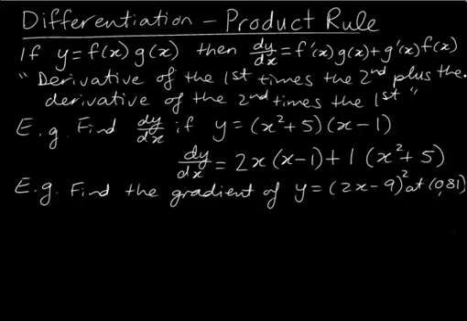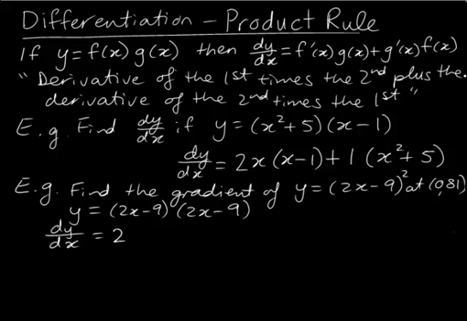Okay? So first of all, notice that I actually do have a product rule situation, because the 2x minus 9 all squared is actually 2x minus 9 times 2x minus 9, isn't it? Which is actually the product of a couple of linear functions. So that enables me to work out dy dx.